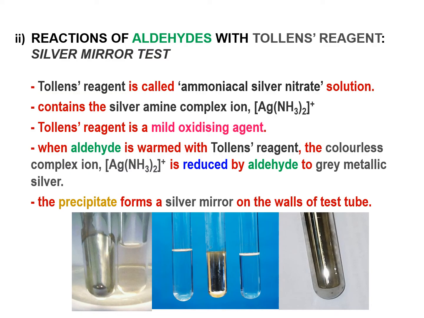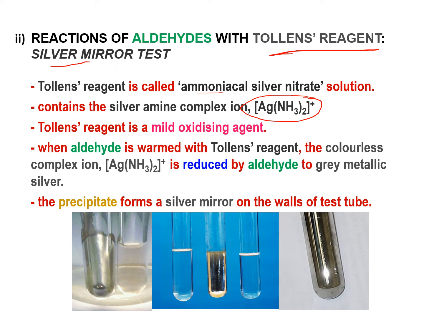Okay, next oxidation is oxidation reaction of aldehyde with Tollens reagent, or we call it the silver mirror test. Okay, so what is a Tollens reagent? Tollens reagent is ammoniacal silver nitrate. This is the formula, Ag(NH3)2+. Okay, so we call it a Tollens reagent. The Tollens reagent is a mild oxidation agent.